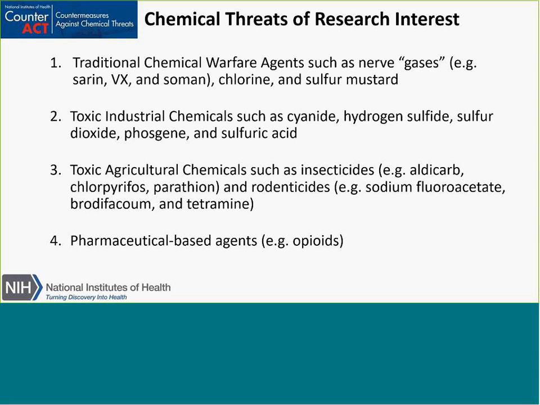They include traditional chemical warfare agents such as sarin, VX, and soman; chlorine; sulfur mustard; toxic industrial chemicals such as cyanide, hydrogen sulfide, and others; toxic agricultural chemicals such as insecticides like carbamates, chlorpyrifos, and parathion, and rodenticides like brodifacoum and tetramine. Finally, we are interested in pharmaceutical-based agents, for instance the opioids, fentanyls.